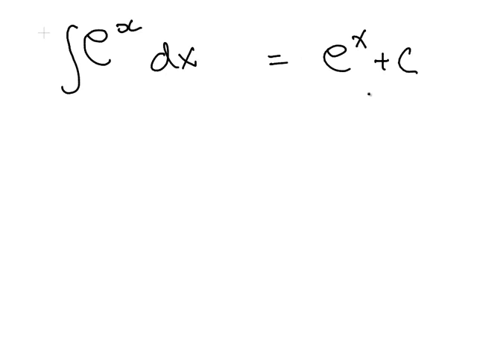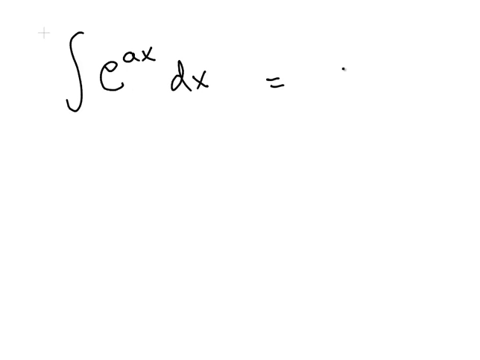Quick remark about e to the ax. The integral of e to the x is just itself, e to the x plus c. The derivative of e to the x is again itself. So far so good. But what happens when we have the integral of e to the ax dx?